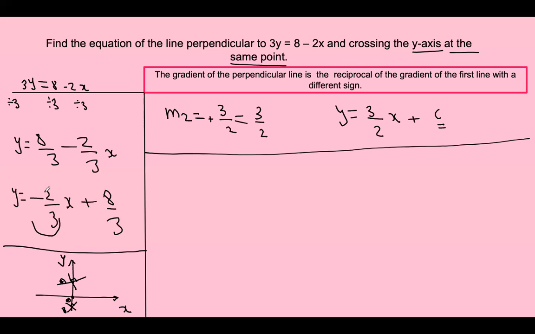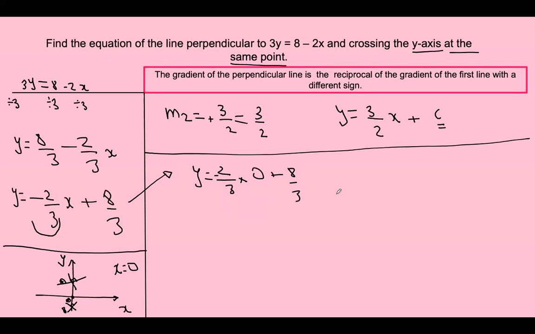So I'm going to use the first equation to find the y, because I know x is 0. Let's substitute. So this is what is going to happen: y equals minus 2/3 times x, which is 0, plus 8 over 3.